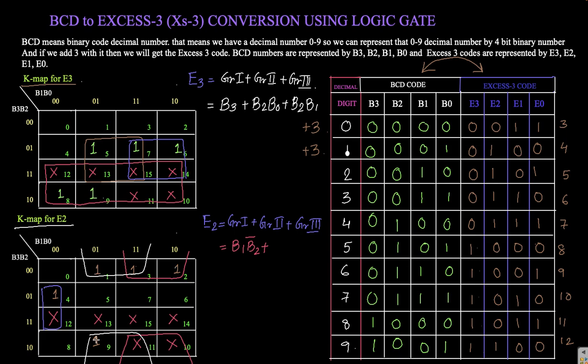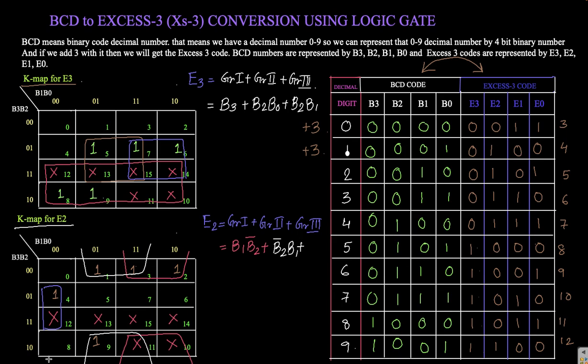Again for the horizontal, it becomes 0 0 0 1. That means B2 is your output and it has a bar, because B2 is 0, it is not changed. And if you consider these two, then it becomes 0 1 1 1, that means B1.